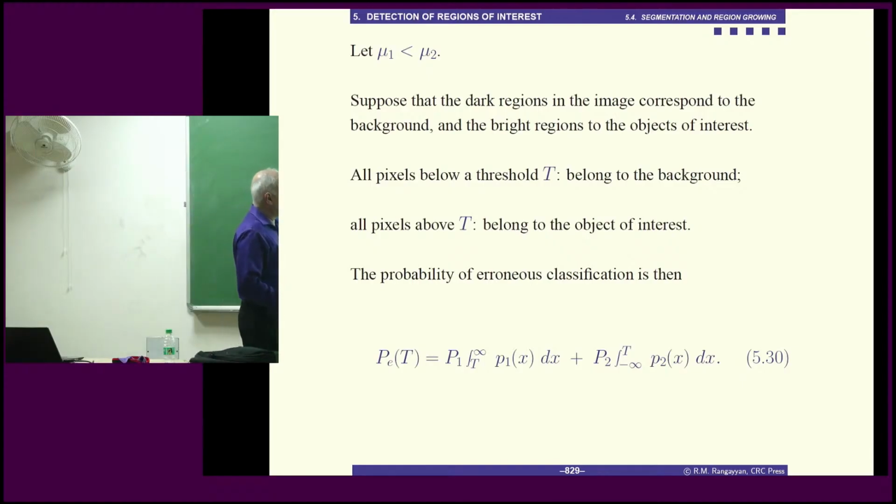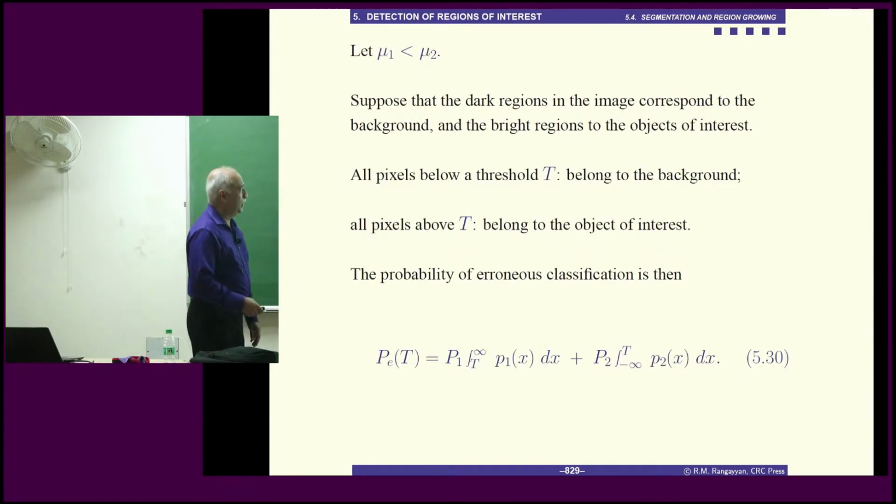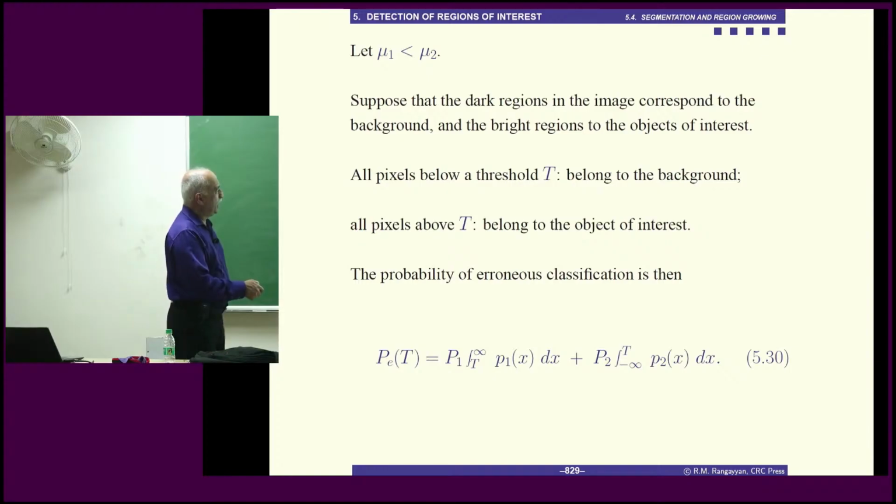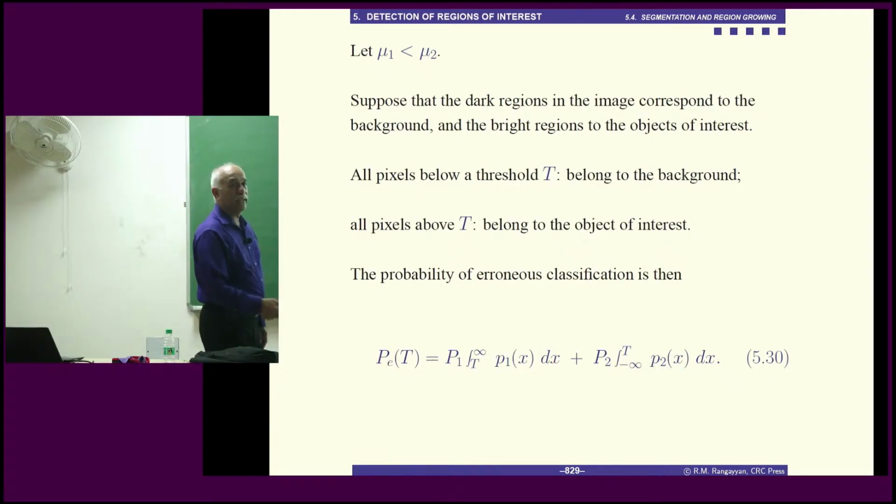The probability of erroneous classification. What is the error if you use T as the threshold? Capital P1, the first category, from T to infinity, P1(x) dx. So everything from the threshold onwards of that probability, if you classify it as the object, that's the error.